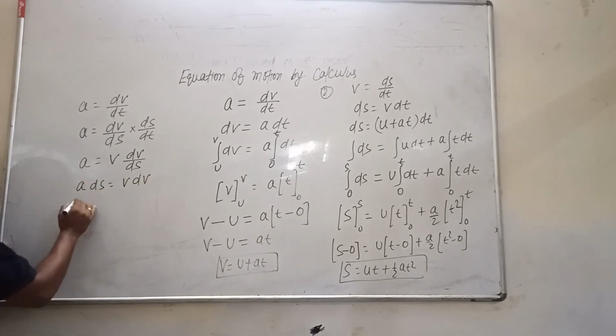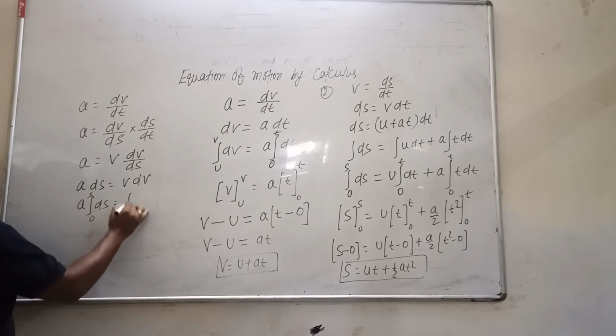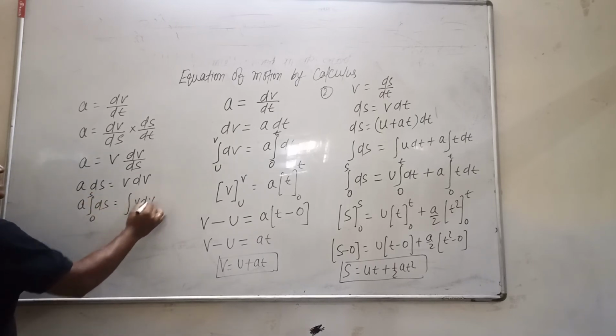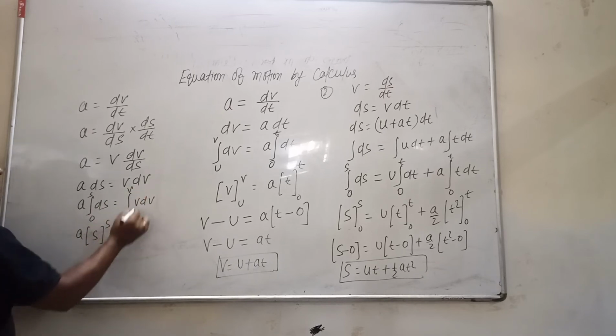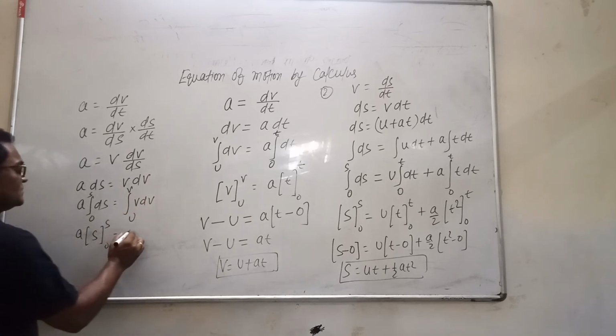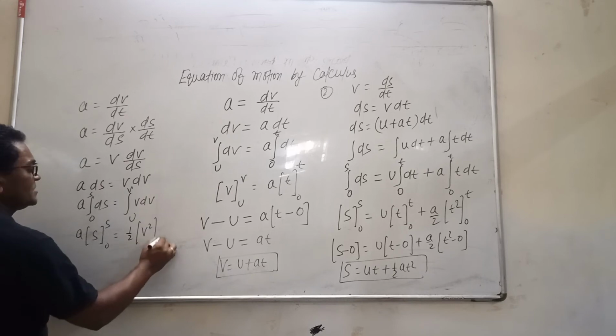And now integrate. A is the constant term taken outside, ds with limit 0 to s, and v dv integrated with limit u to v. So a times the integration of ds is s, 0 to s, and the integration of v dv is v square by 2, one by 2 v square, limit u to v.